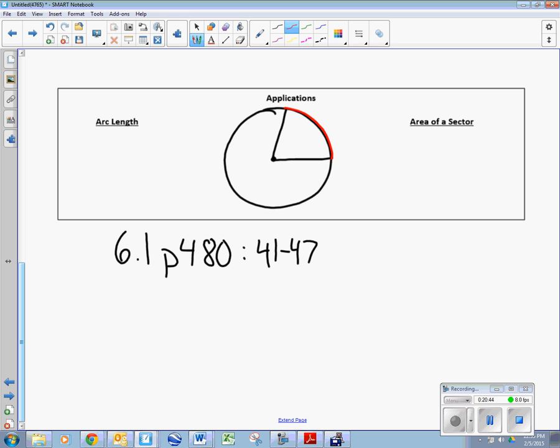It subtends this arc, meaning it basically forms or shapes that section. We call the arc length S. We call the area of the sector K. I'm not entirely sure why they chose S and K, but they did. When you were in geometry, here is the formula that you learned.